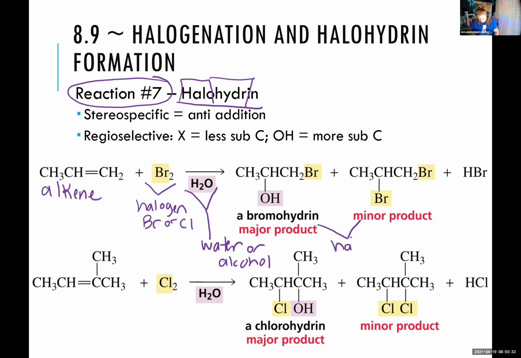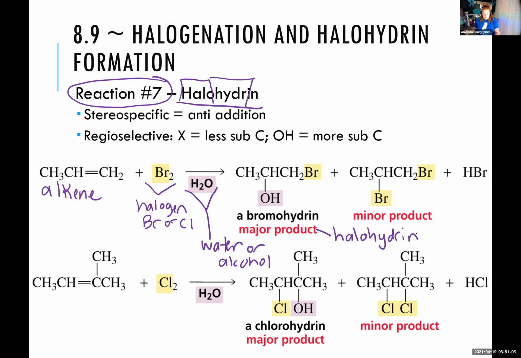We're going to make a halohydrin. Oh, actually, I'm sorry. I'm going to erase that and relabel this. We're going to make a halohydrin. The minor product that I did not mean to label is both of the halogens together. So notice that that's actually the same product as reaction number 6. So that's really kind of a side product that we wouldn't necessarily want to have happen in this reaction.